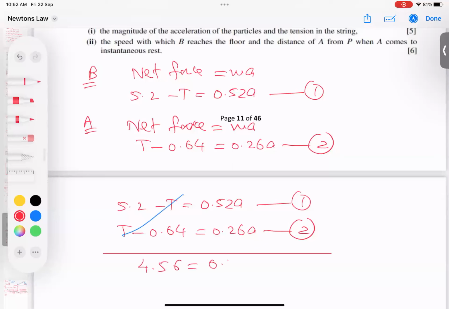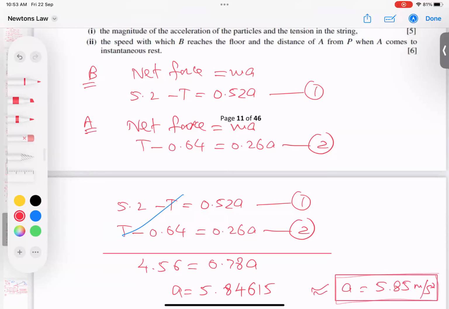Here I get 0.78, and when I divide it, the acceleration I get is 5.84615. After rounding, I'm writing the acceleration is 5.85 meters per second squared. So I believe this part is very clear.